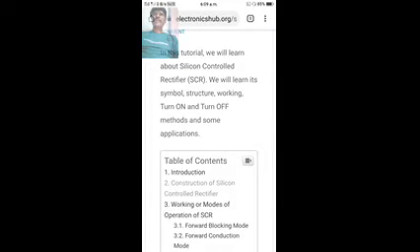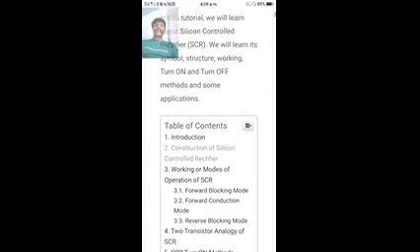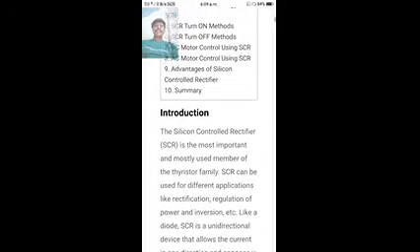So because of this, SCRs are mainly constructed using silicon.